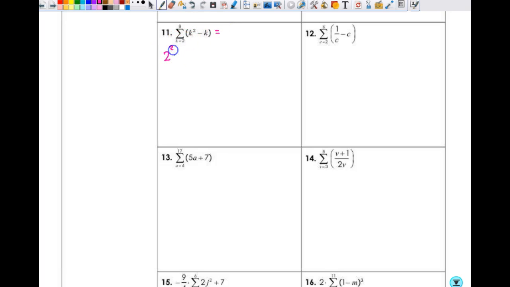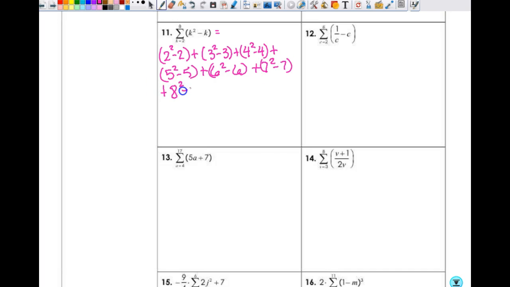So this is 2 squared minus 2 plus 3 squared minus 3 plus 4 squared minus 4 plus 5 squared minus 5 plus 6 squared minus 6 plus 7 squared minus 7 plus 8 squared minus 8. Does everybody understand where I'm getting my numbers from? I'm starting at 2, going to 8, substituting in for k.